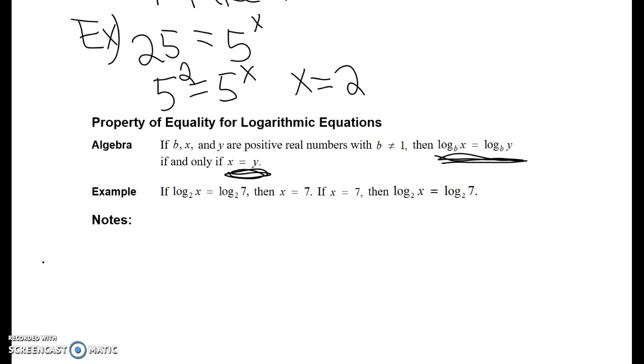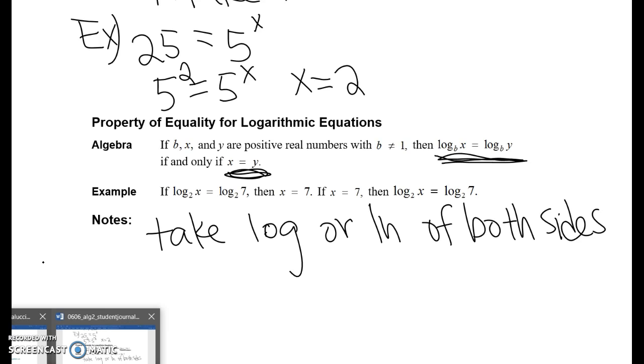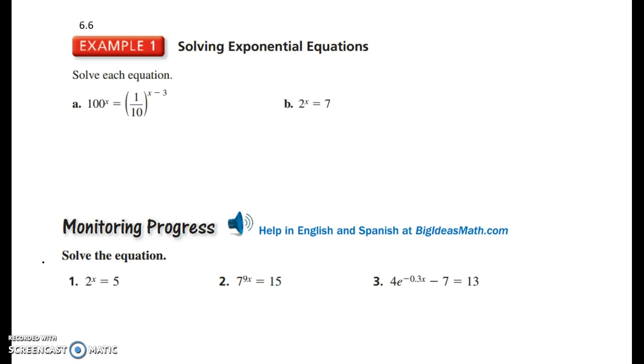It's the same idea, except we're going to say take the log or ln of both sides. So when we do an example here, you're going to see what I mean by taking log or ln of both sides. So now go to your notes packet and look at 6.6, example 1.